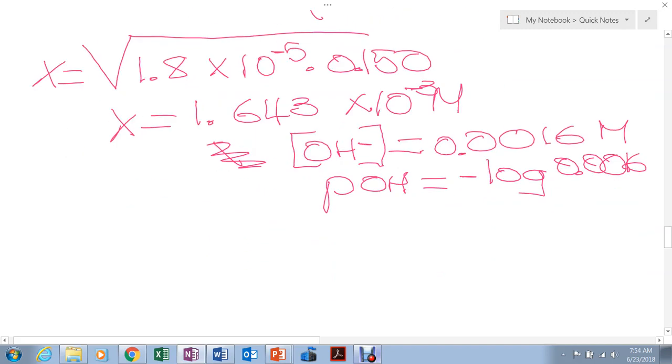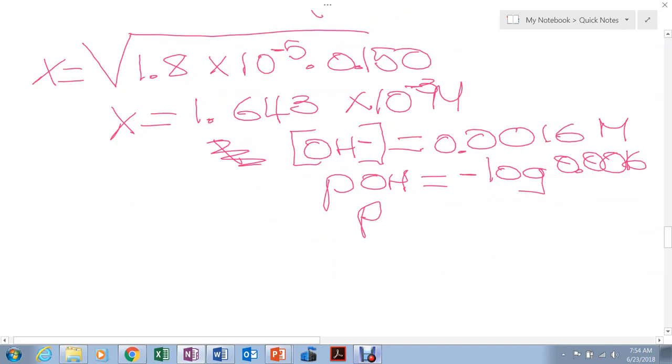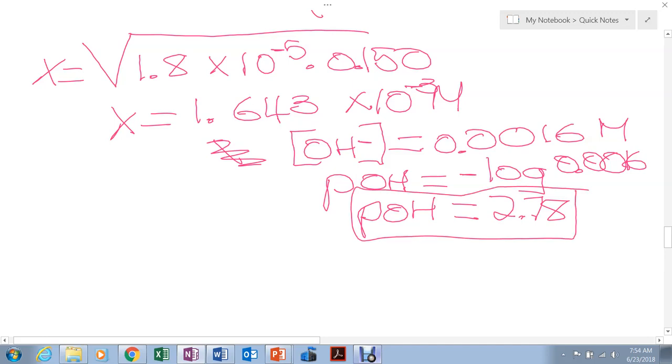So pOH would be equal to a smaller value. Remember, you have a base, so the pOH should be small, and pH should be higher. And when you have an acid, pH is smaller and pOH is high.